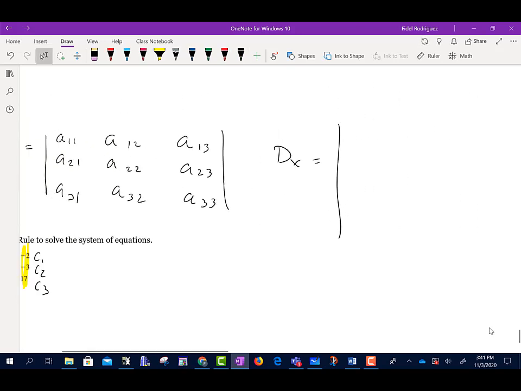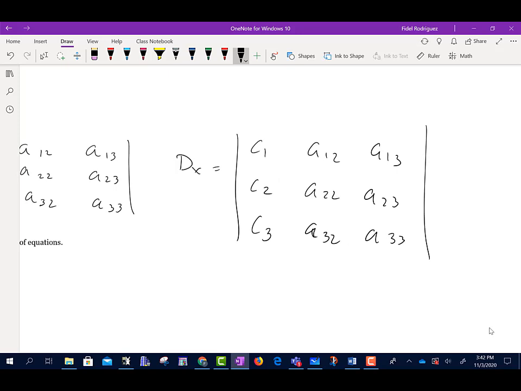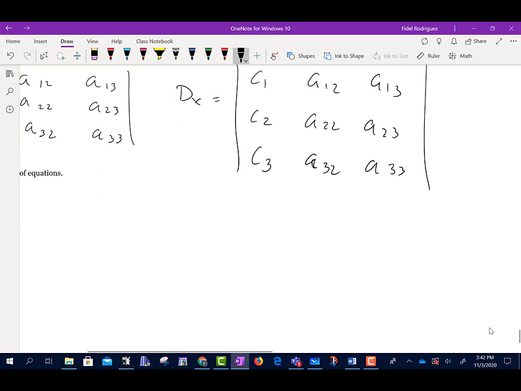So the only thing that's going to be different is that this is going to be C1, C2, C3. The rest of it stays the same. And then the same thing is going to happen for the dy and the dz, okay?